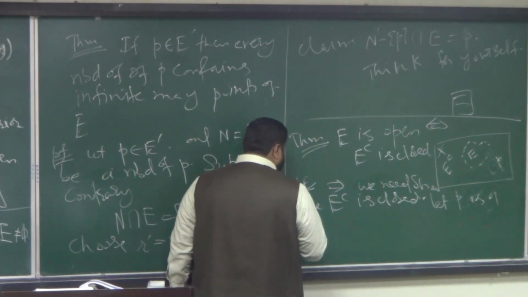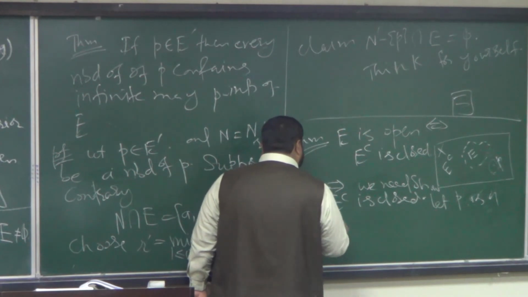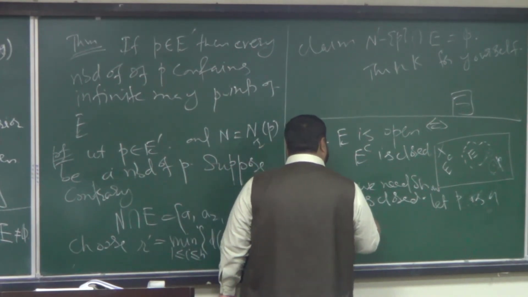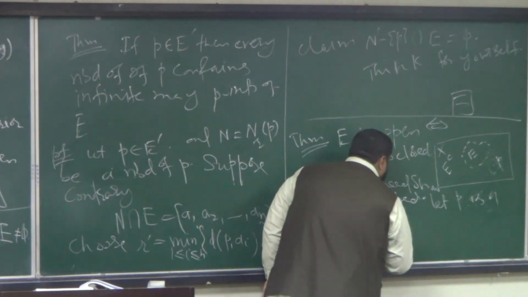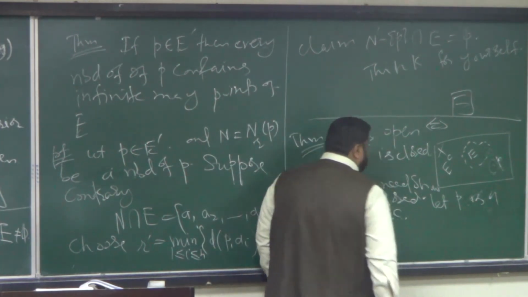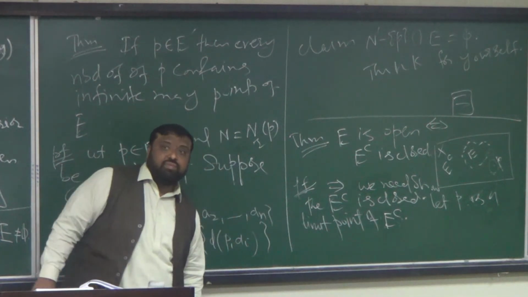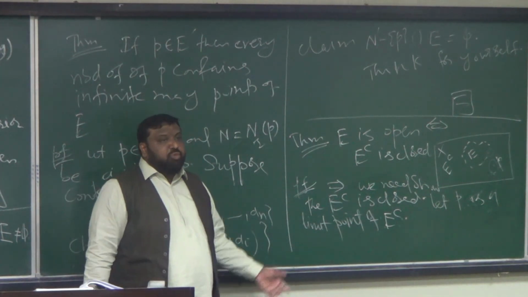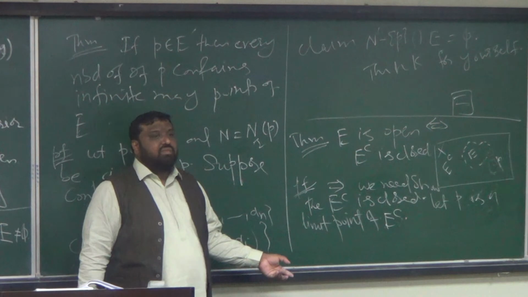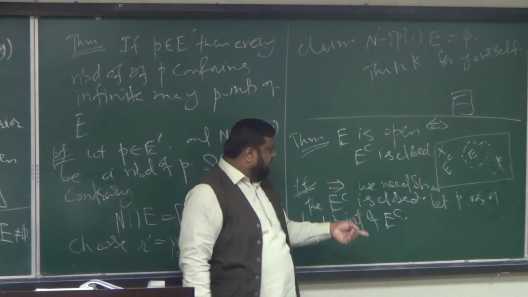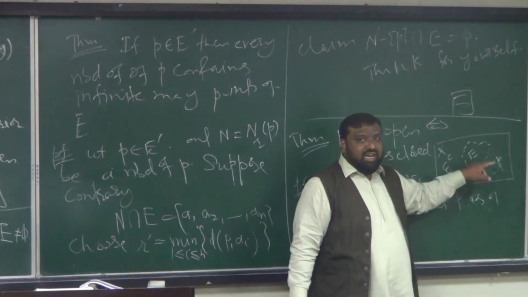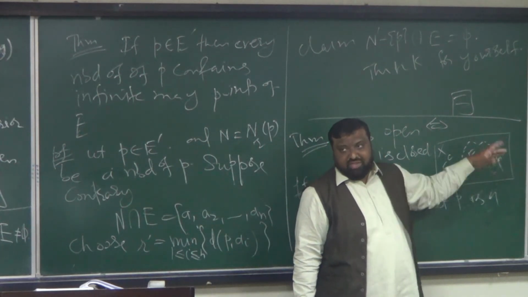So if it is a limit point of E complement, then where could this P be? There are only two places: either it's going to be in E or in E complement. There is no in between.